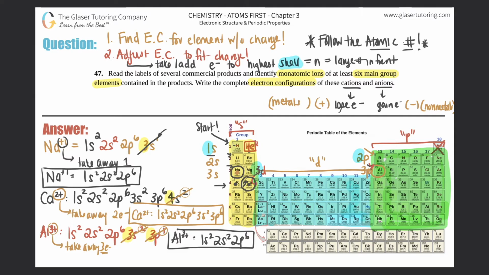Let's move up top now. Let's go with carbon. Well, the diamond form of carbon is not a cation nor an anion, but basically anything that you eat is made up of carbon. It's made up of carbon and hydrogen, right?